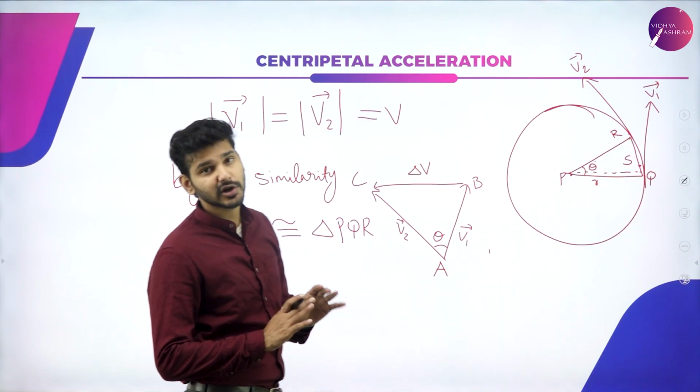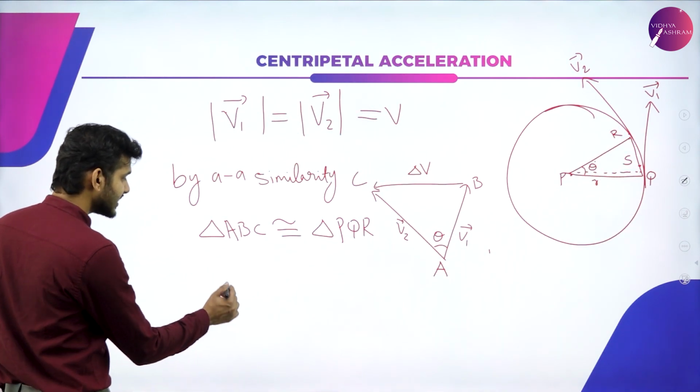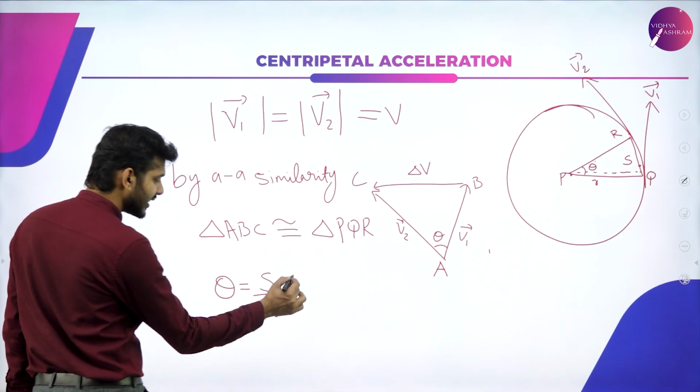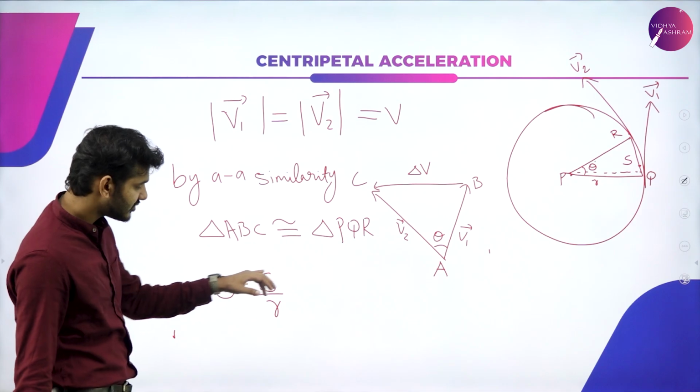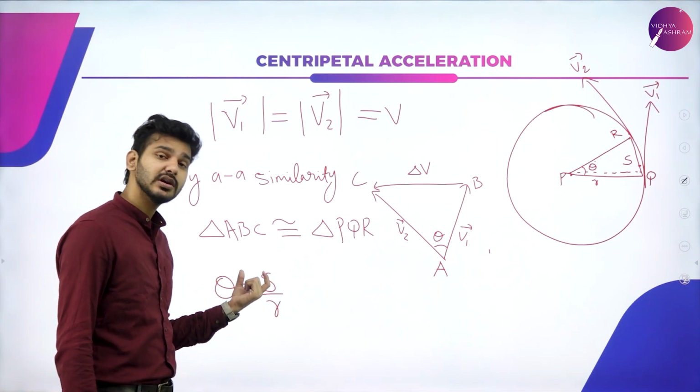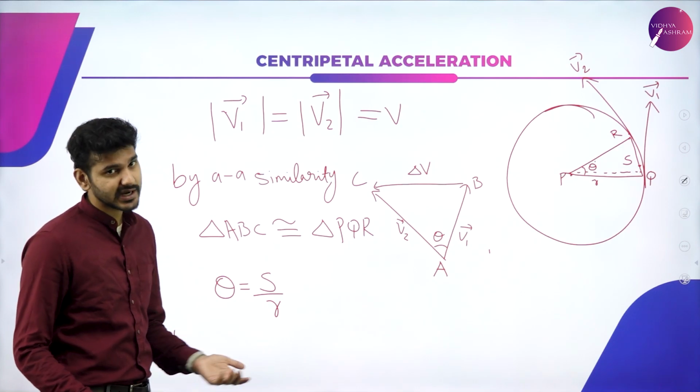Now I'm going to find out what theta is. We know that theta is equal to arc length divided by radius. We already know this particular relation, that is angular displacement is equal to linear displacement divided by radius.